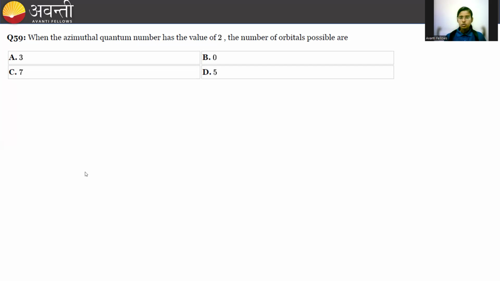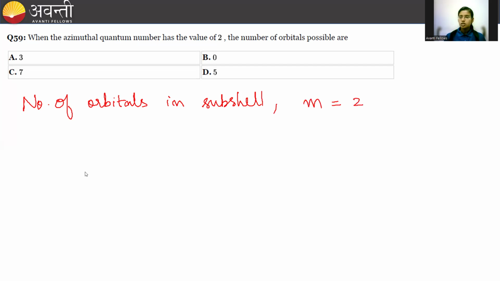The number of orbitals in a subshell can be calculated using one formula. From the total values of m, we can find out. And the total values of m will be equal to 2 into l plus 1.